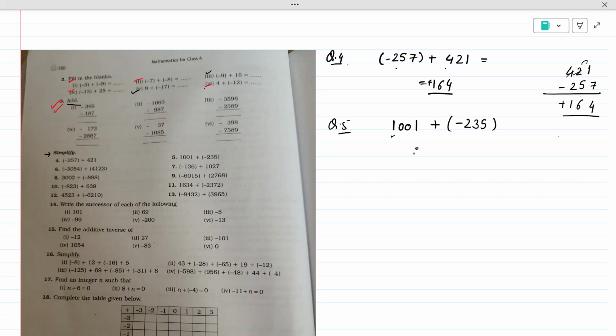And what is the second method? The second method is 1001 and then the plus operator multiplied with the minus operator. So when the plus operator is multiplied with the minus operator, we will always get the minus operator. So this whole will turn to 1001 minus 235. Again, simplify this and we will get the answer.